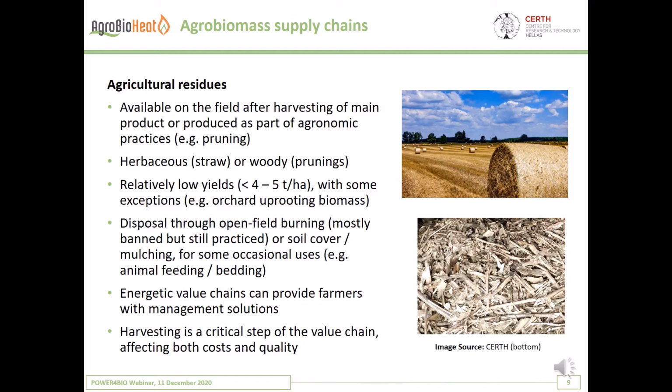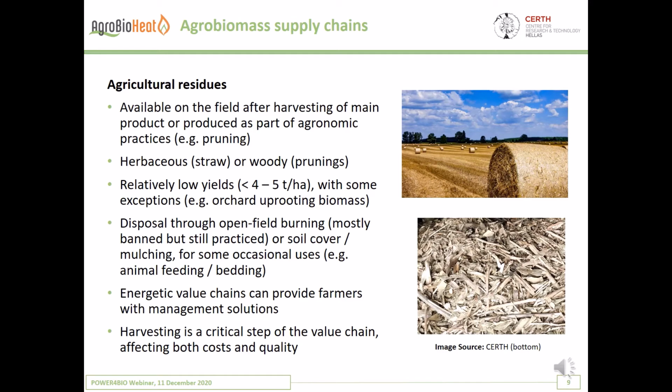Agricultural residues can be herbaceous or woody, and generally they're available at quite low yields when it comes to tonnage per hectare, with some notable exceptions. For example, if you uproot an orchard, then you can get much higher numbers, but that only happens once during the lifetime of a plantation.